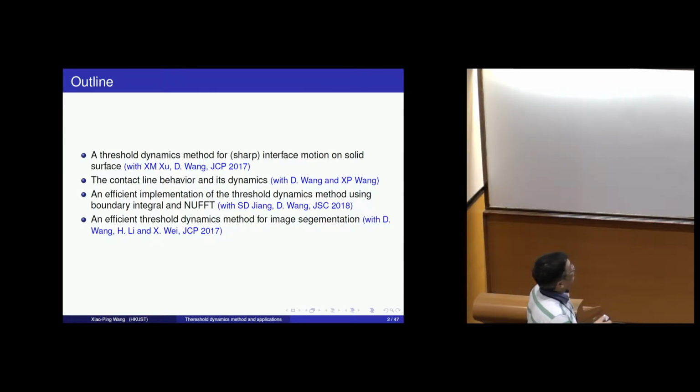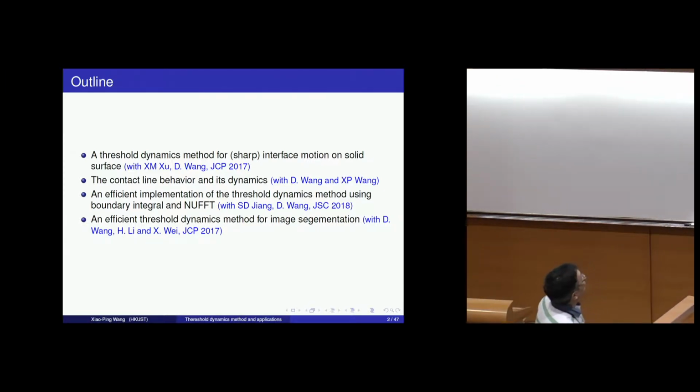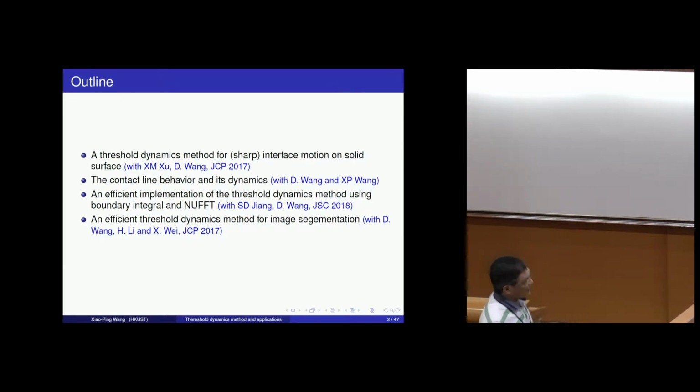So we try to implement this using the boundary integral method, and it speeds up the simulation tremendously. It turns out this method can also be applied to image segmentation, because image segmentation is also an interface problem, or at least can be formulated as an interface problem.